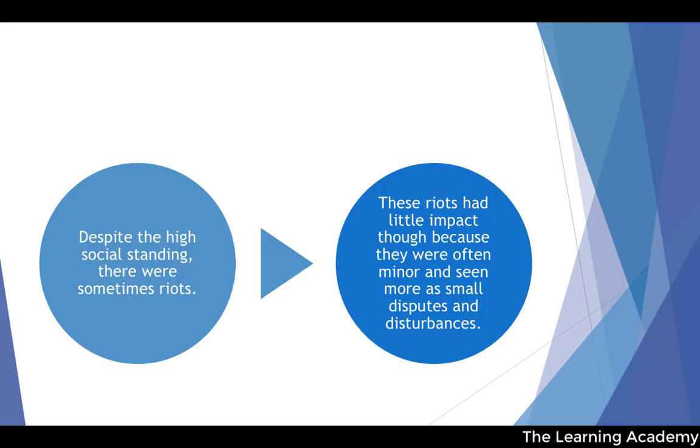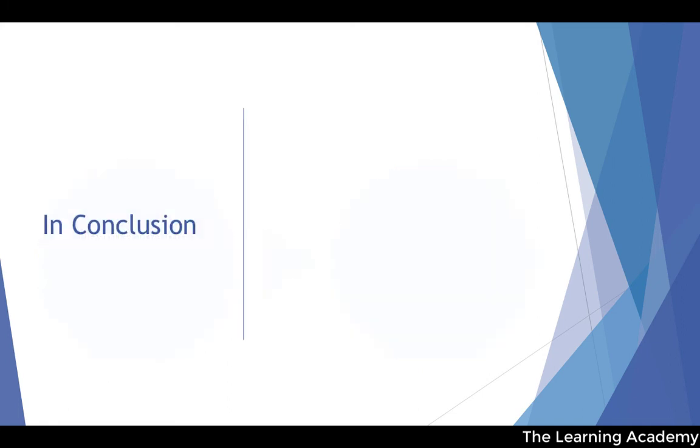So it still must be said that there was a little bit of social unrest, but at the same time, the overall view of the political nation was a sort of passive understanding. They didn't really care much for it, and they generally accepted the power of the political nation.